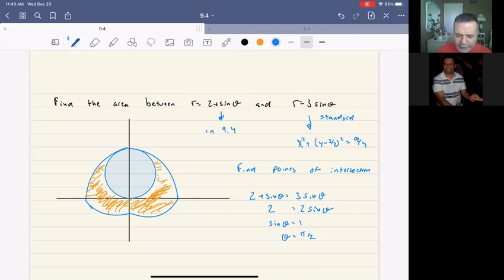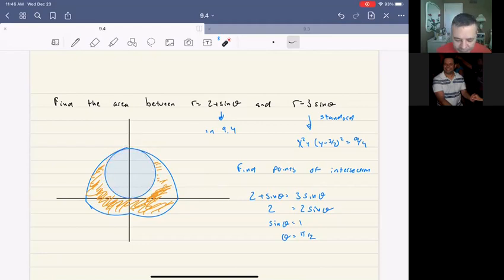What does that really mean? One of the things to remember is that when you go around this on sine, this is going around twice. That's sort of what they're meaning there.